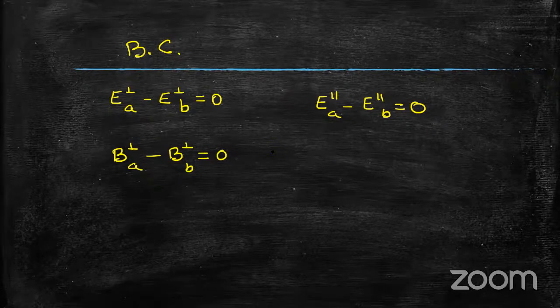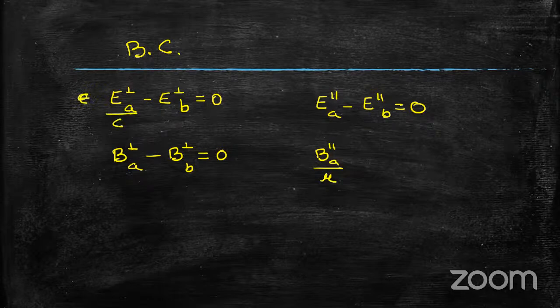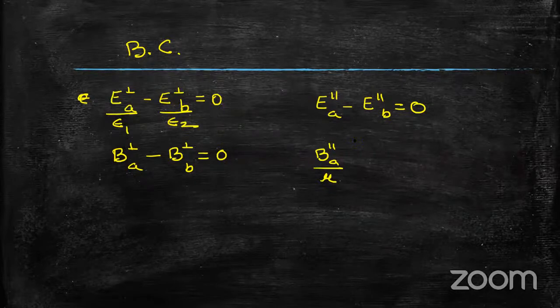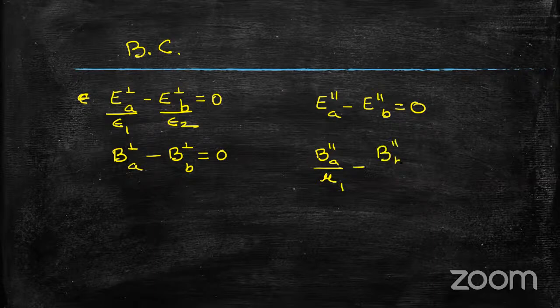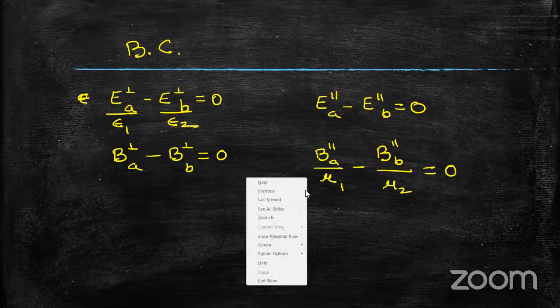What about B parallel? B parallel above upon mu, and so on. Let me write this with epsilon also: epsilon 1 by epsilon 2, and mu 1, multiplication, my mistake, mu 2 is equal to 0.